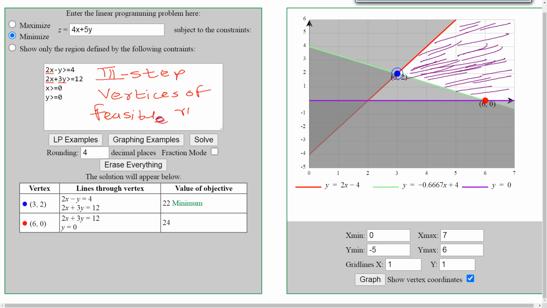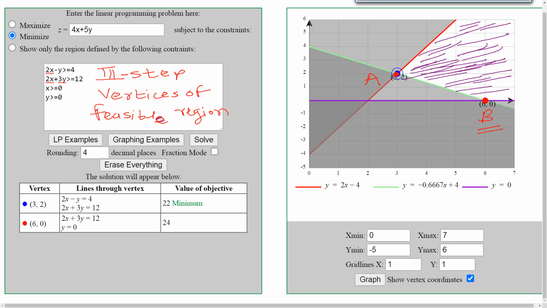As you can see, it has got two vertices. So this is the first vertex and the second vertex. Let me call this B and this A. While plotting lines, we determined the coordinates of point B. It was 6 on the x-axis.